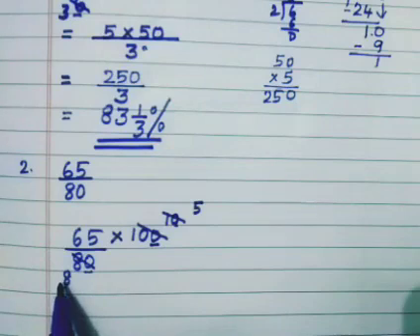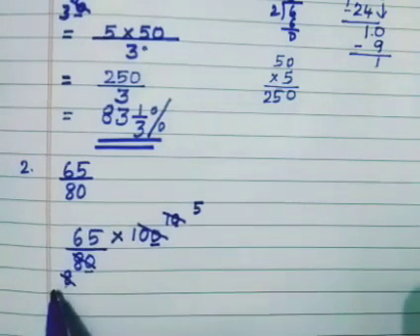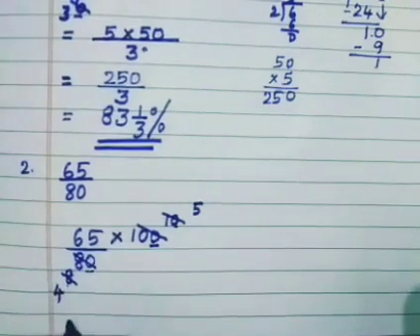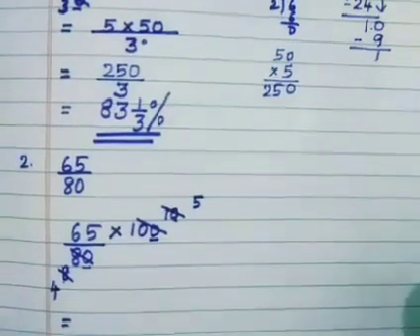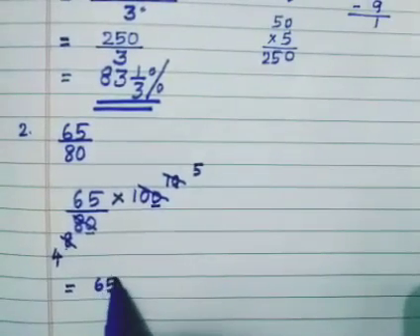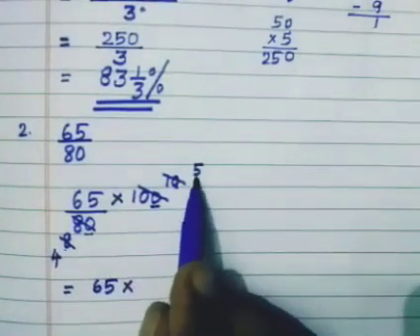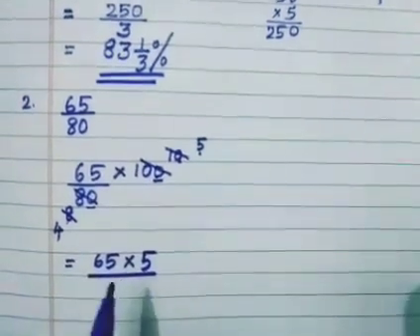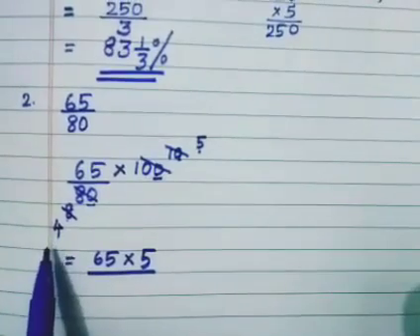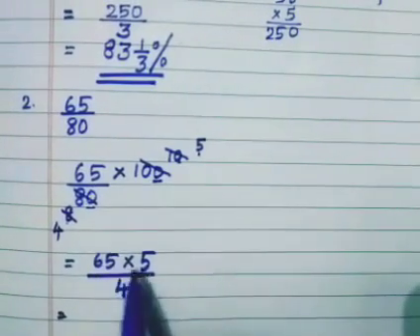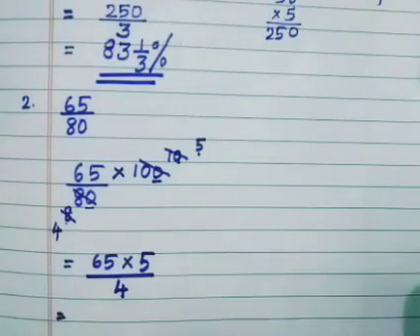Then how many times 2 goes in 8? 2 goes 4 times in 8. Then you have to rewrite the numbers which are obtained in the numerator. So 65 into, what is remaining here? 5. The whole divided by, which is the number in the denominator? 4.